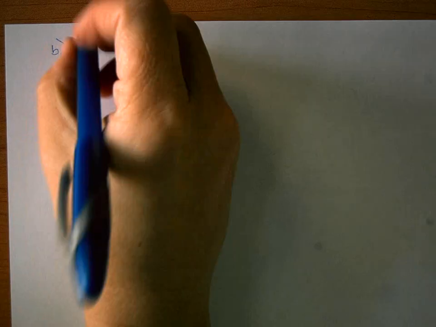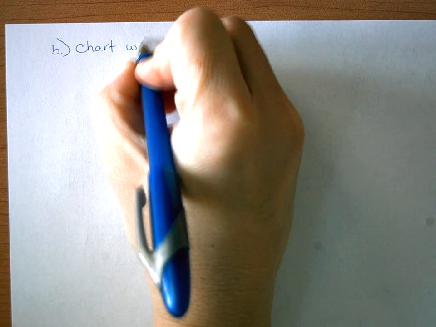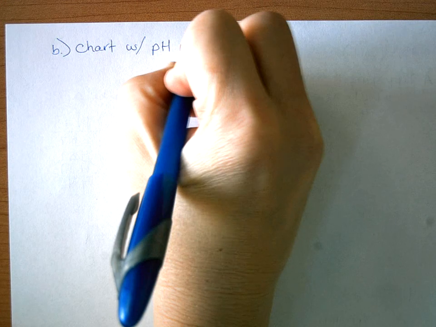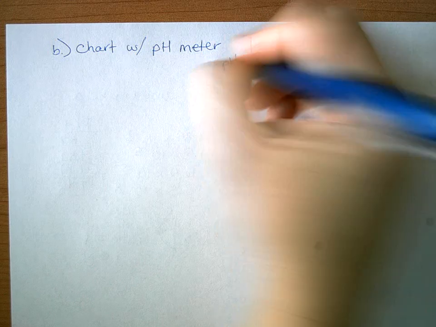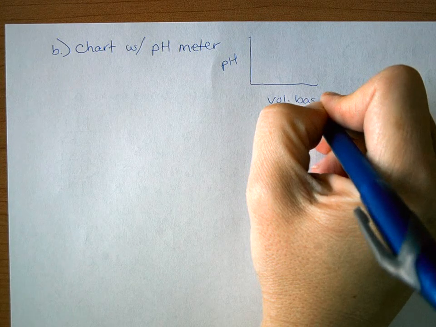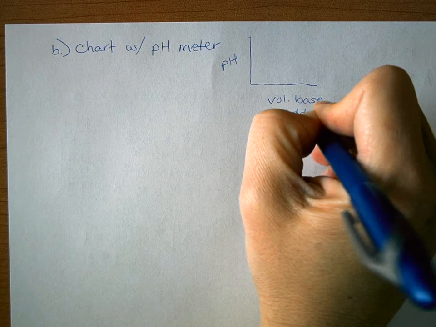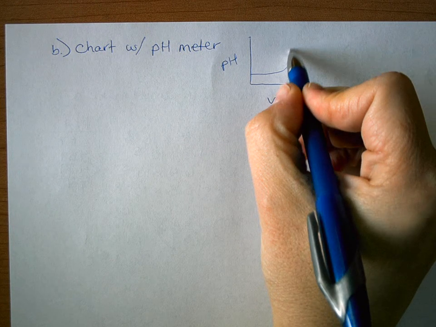The second way is to chart it with the pH meter. And then you do a little graph of pH versus volume of base added. When you do that, you get a graph that looks kind of like this.